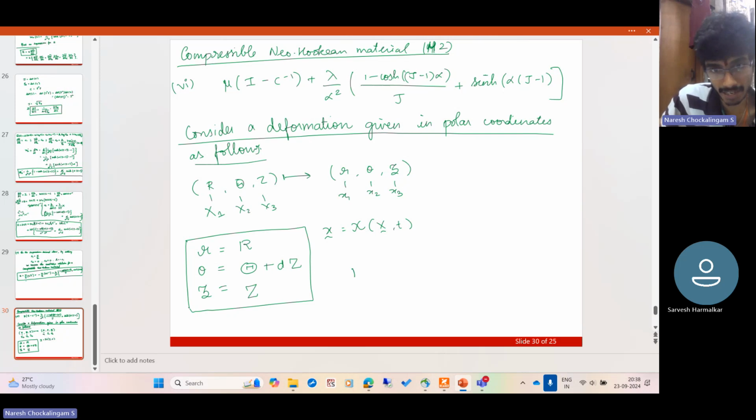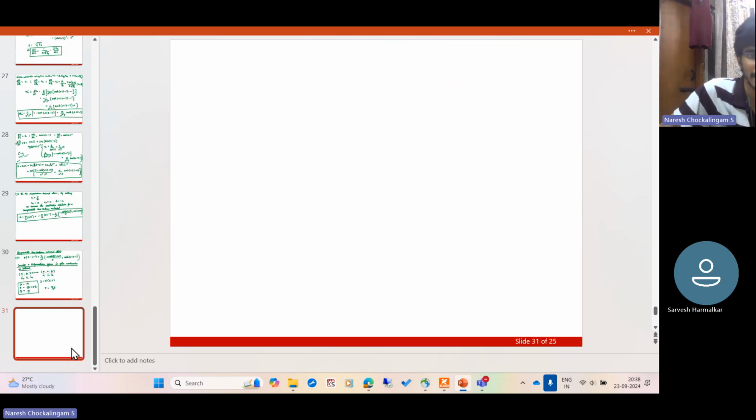First step is we have to find the deformation gradient, which is the gradient of this with respect to the original coordinates. But now the gradient has to be taken in polar coordinates. So I'll give you the expression for the gradient of f in polar coordinates.